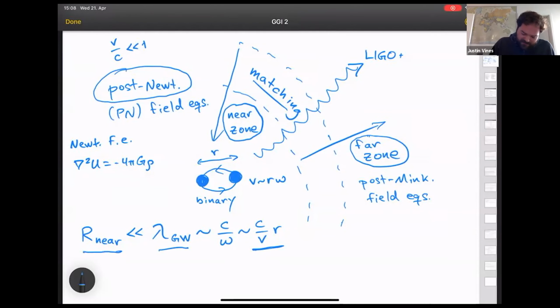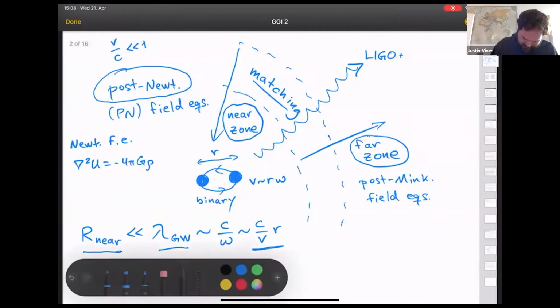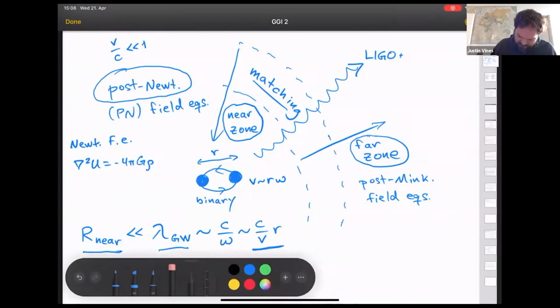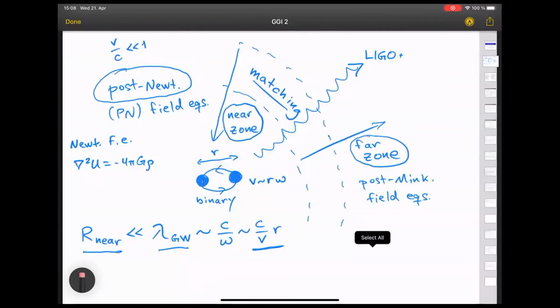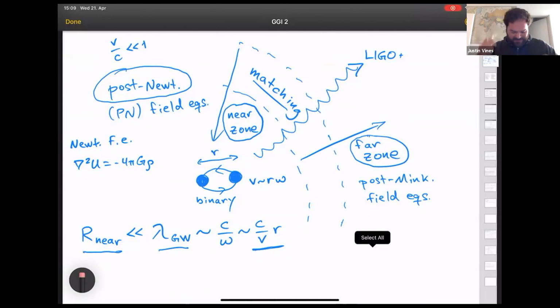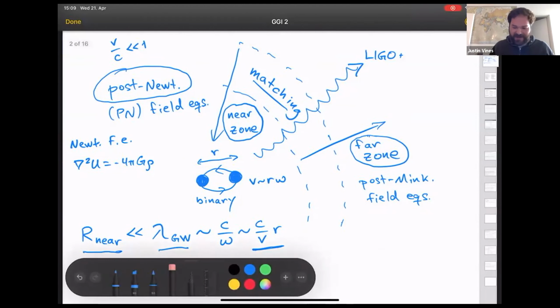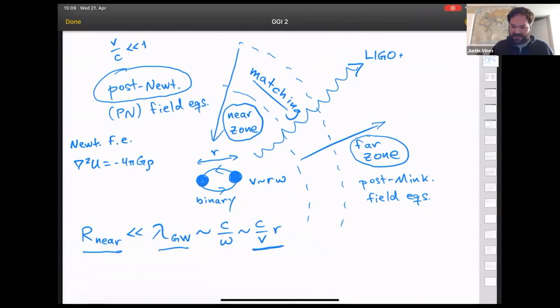let me rearrange this a bit. The orbital separation over this r near has to be much greater than, oops, I'm messing this up. Sorry. Right, if we want there to exist a near zone, this r near has to be much bigger than the orbital separation.